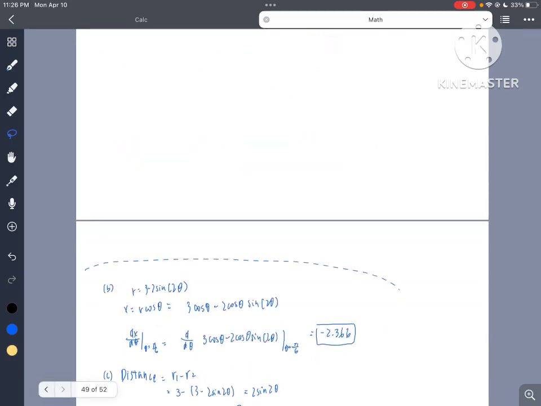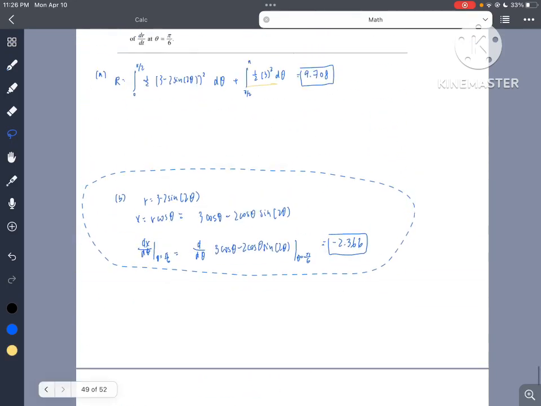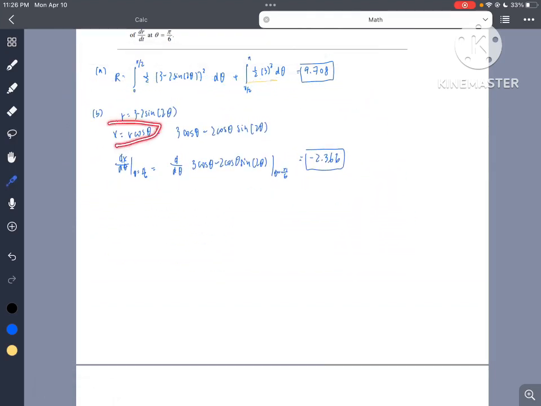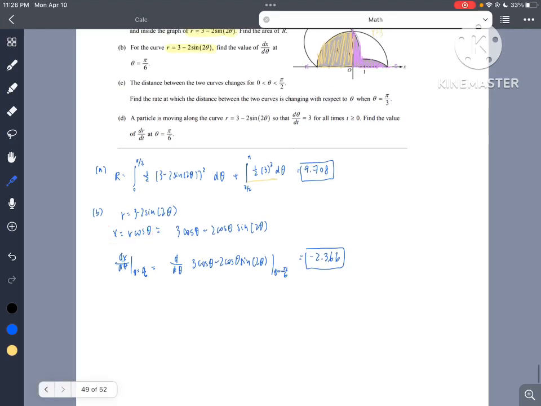So we just remember that if we have the expression of r, x is equal to r times cosine theta. So we just multiply this to r and then expand it. And then because we can use a graphing calculator for this question, we just put this expression using the math 8 function. And then we obtain this solution.